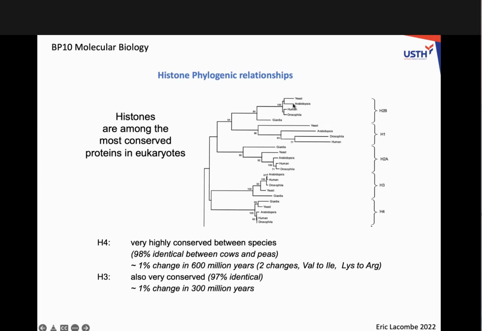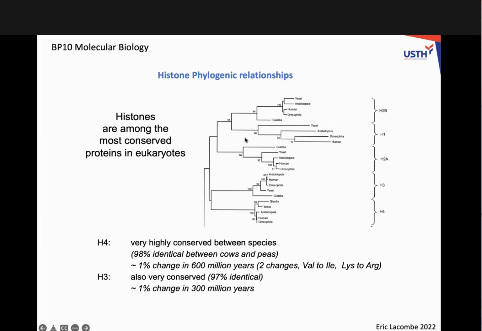And what is very strange, so here you've got a phylogenetic relationship between different species. So we're starting from yeast. If you look at all these species, they are all eukaryotes, okay? Unicellular for yeast, human, mammals, plant, insect. And then there is other things. Here you've got the relationship between H1, H2A, H2B, H3, and H4.